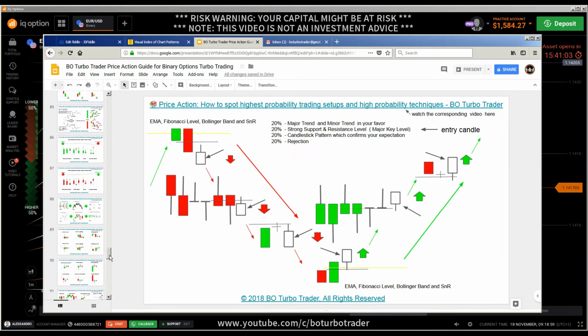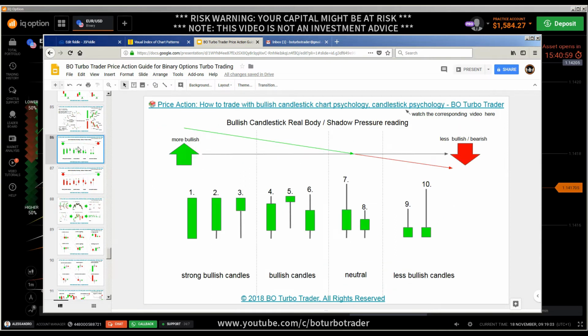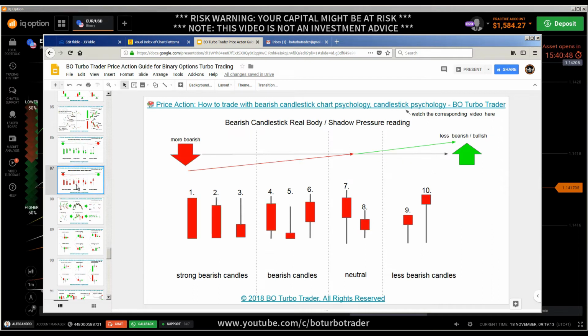First of all, the understanding of the strength of the candlestick pattern. That is candlestick psychology, where you understand that the upper shadow is resistance and the lower shadow is support. Here I have drawn the most bearish ones and less bearish ones.